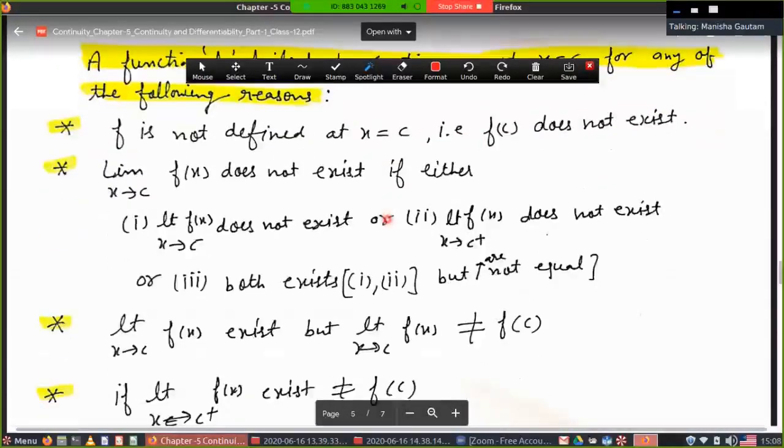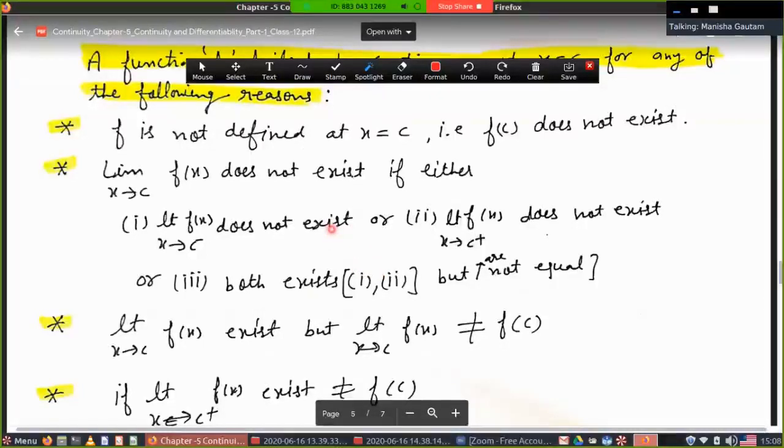First case, if the function is not defined at x equal to c, you can't say the function is continuous. Second case, the limit as x tends to c of f(x) does not exist if either the left hand limit, the right hand limit, or both do not exist.